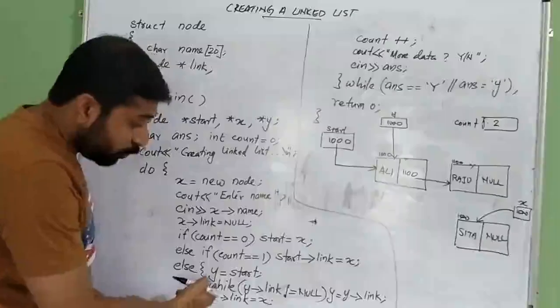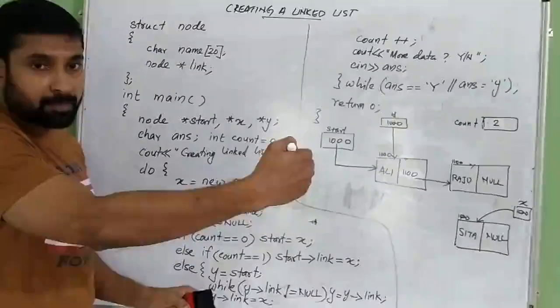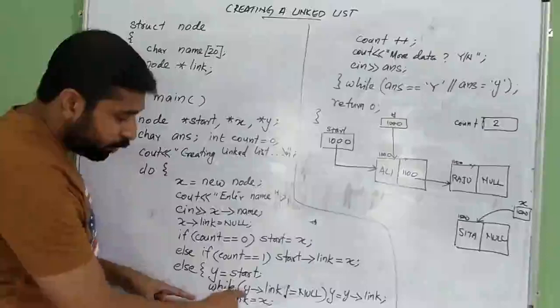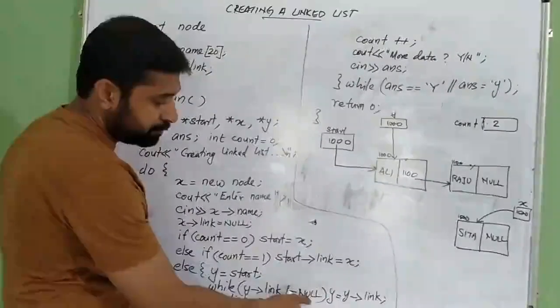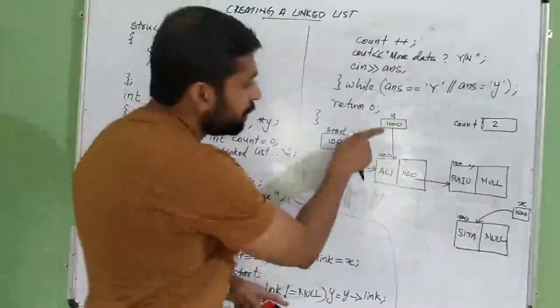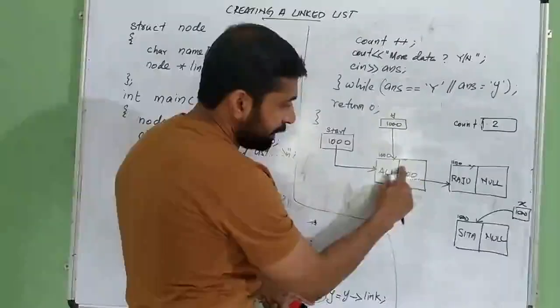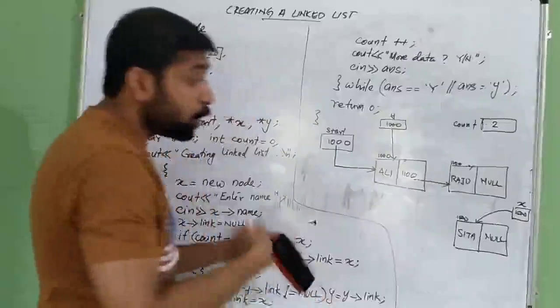Now, while, we are moving to the last node to identify the last node. While y arrow link not equal to null. The y arrow link part of y, this is 1100, it is not equal to null.